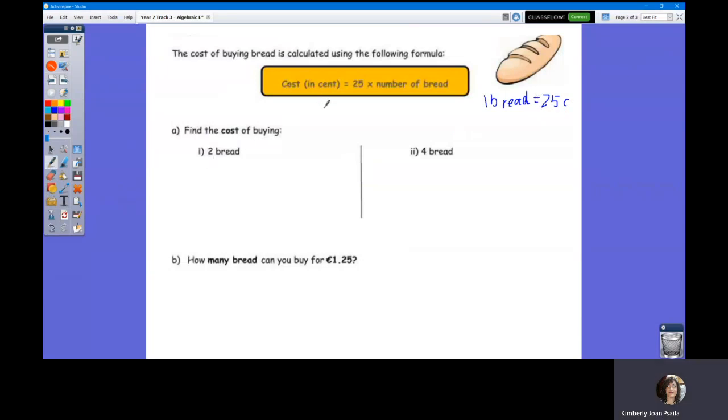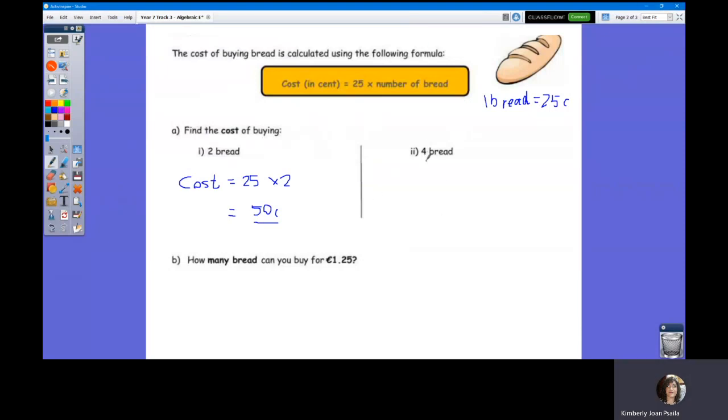I have noticed this from my formula given. Now, in order to find the cost of other numbers of bread, we have to use this formula. So find the cost of buying 2 bread. Cost, which will be in cents, is equal to 25, the 25 cents of one bread, times how many bread we have. Now we have 2. So cost is equal to 50 cents.